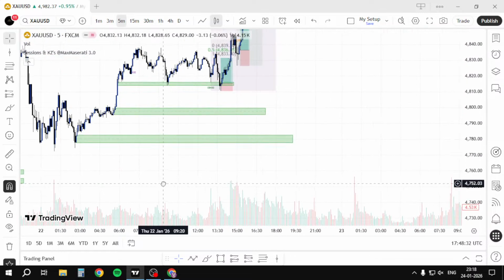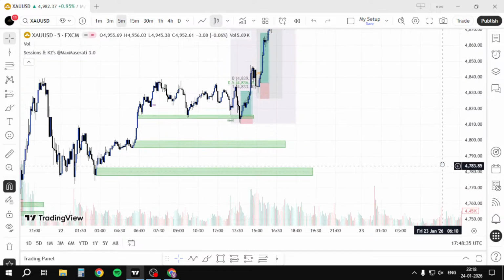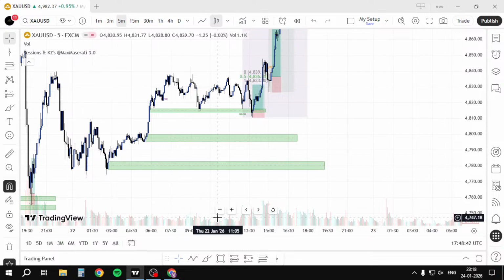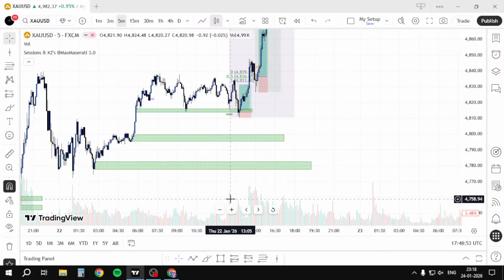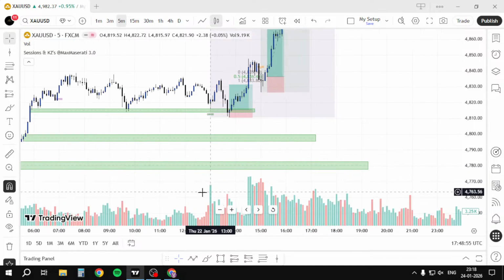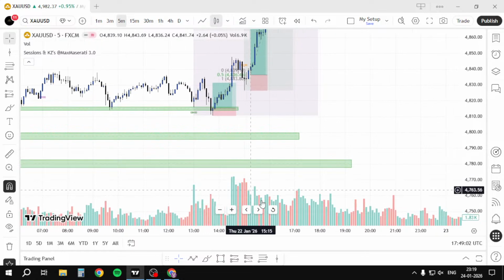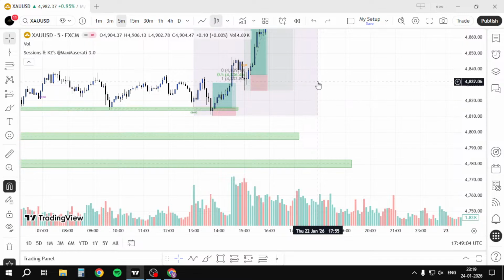Now look at this. This was the whole day. Now when this session comes, our trading session at UTC 13, volume increased gradually. Look at this bar. Then it dropped a little, then again increased until the session closes.